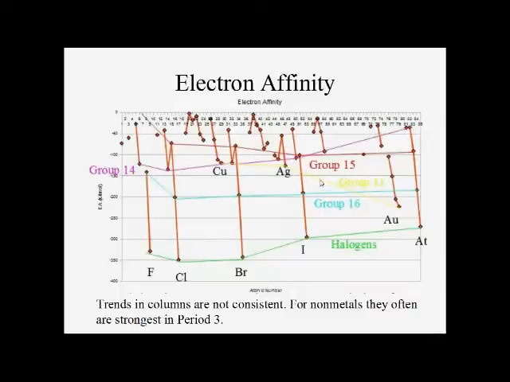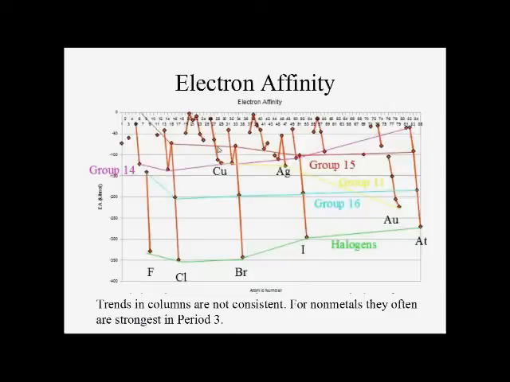Yellow here is the noble metals, group 11. In that group we see that it becomes more stable as you go down the column. Let's see, what else do we have? Group 15, the nitrogen group.